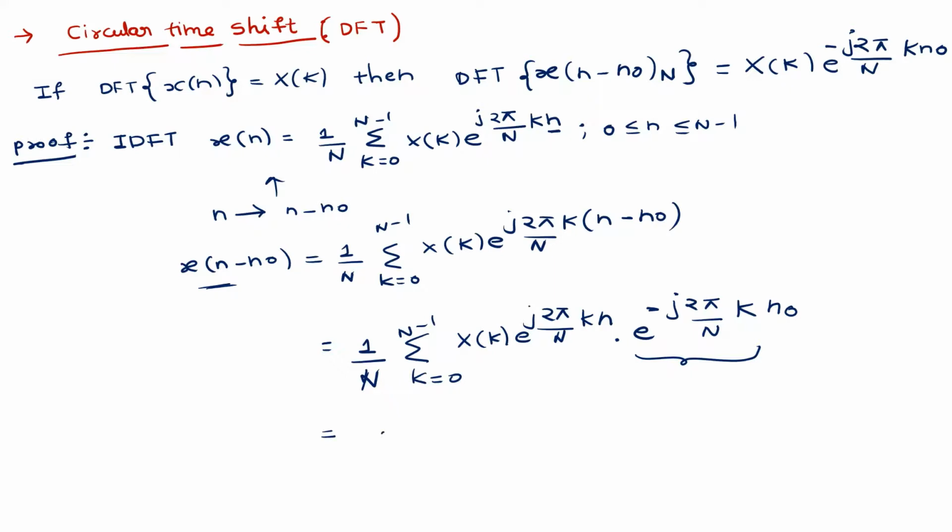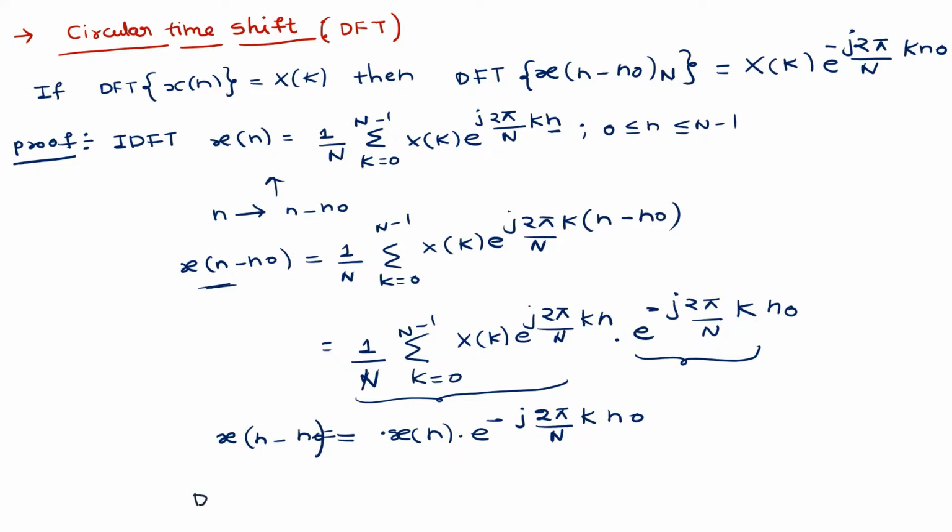So this entire value is equal to x of n into e power minus j 2 pi by N k n naught. Okay, so x of n minus n naught is equal to x of n into e power minus j 2 pi by N k n naught. So what we do is apply DFT to this.